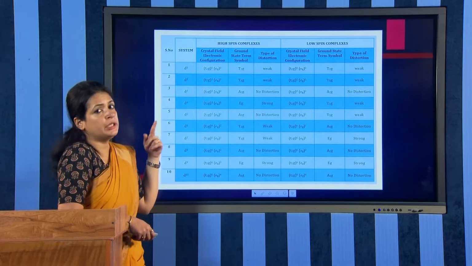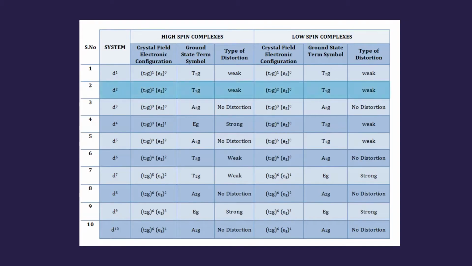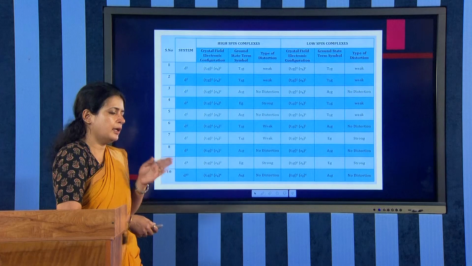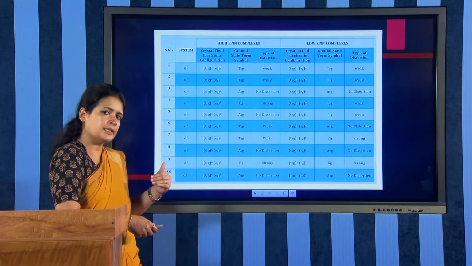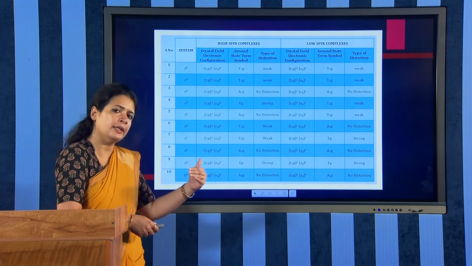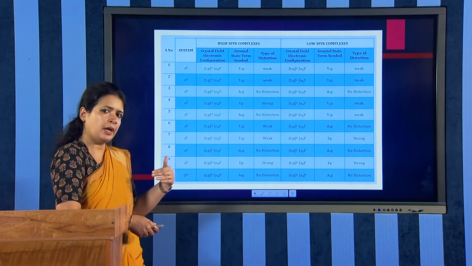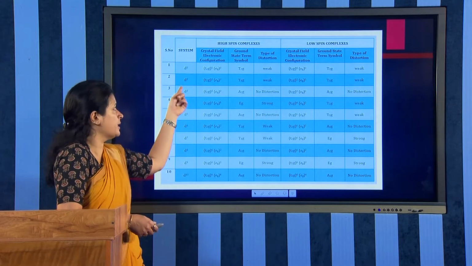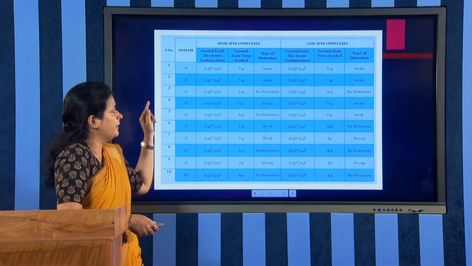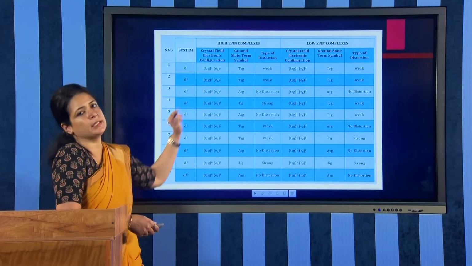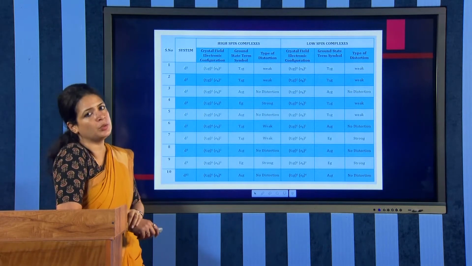Now moving to the d2 complex, two electrons are there in the t2g orbitals. The two electrons can occupy them in different ways: two may be occupying dxz and dyz, and dxy will have zero electrons, or there are other combinations possible in the d2 system. That is why there is a weak distortion in the case of the d2 system.